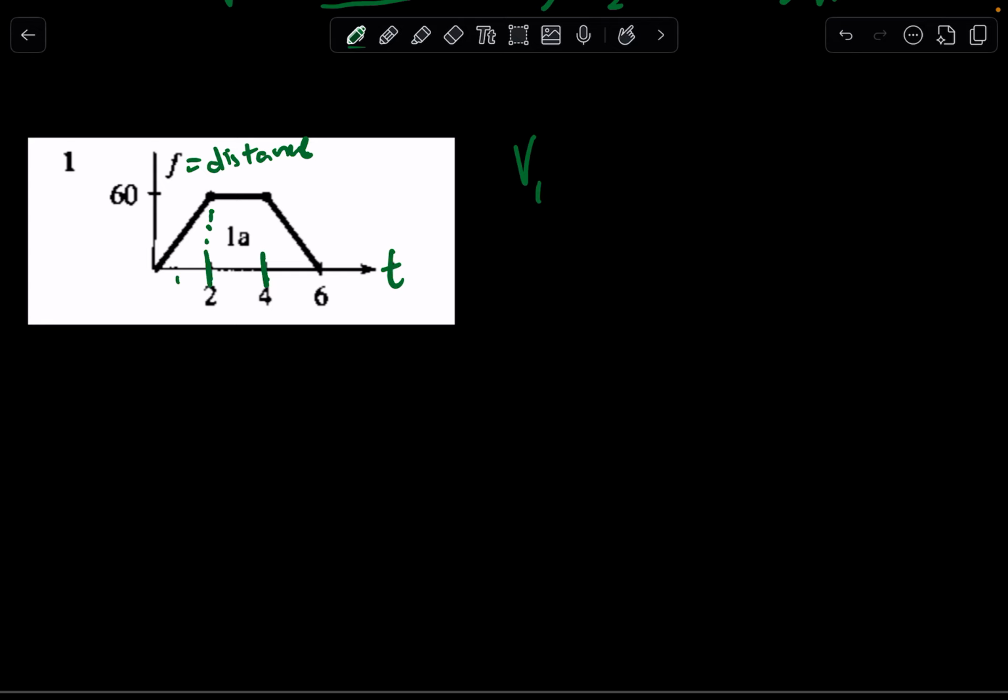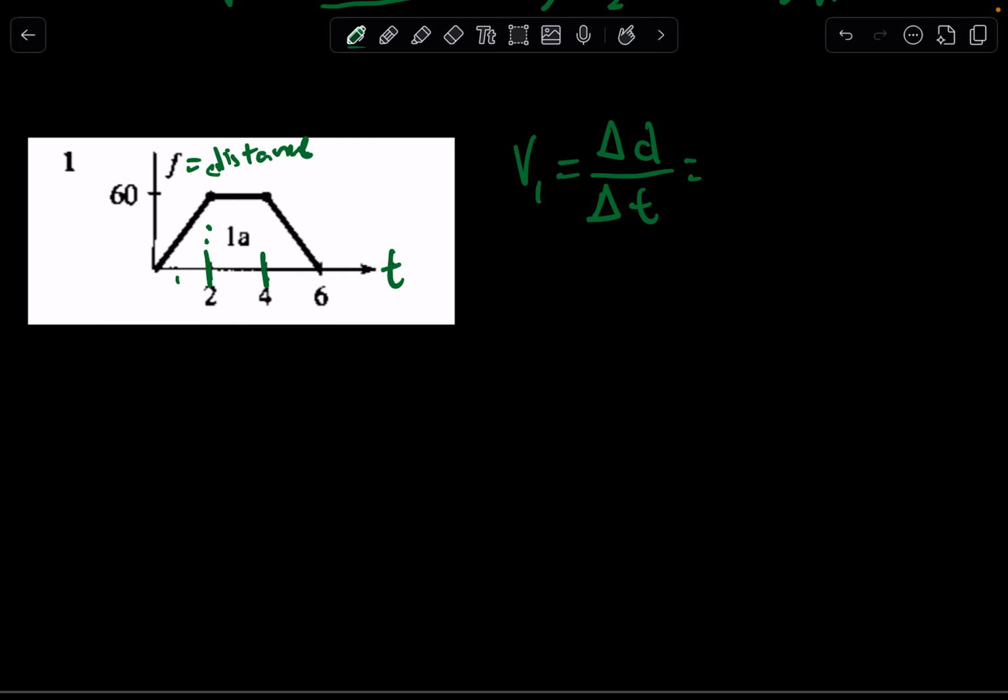Velocity 1 is going to equal the change in distance over the change in time, right? So if we look at our little graph here, we can see that we went from our distance in that 2 hour period, our first little block here.